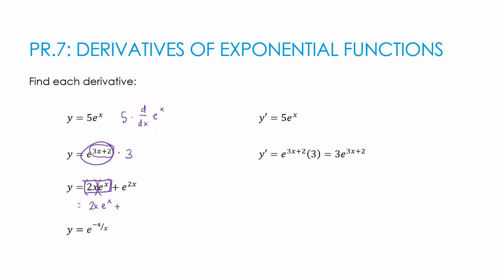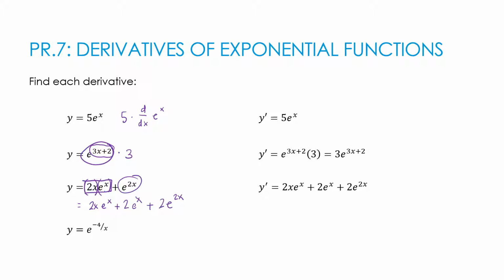Add the second, which is e to the x, times the derivative of the first, so that's 2 e to the x. And then I've got my second part, e to the 2x, which of course is e to the 2x times the derivative of 2x, which is 2. So that's my final solution.